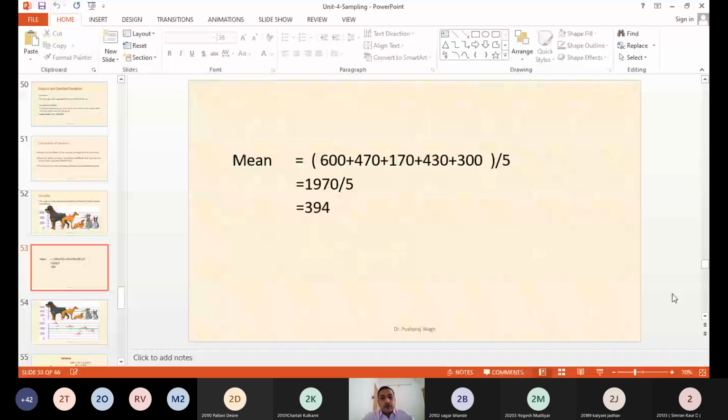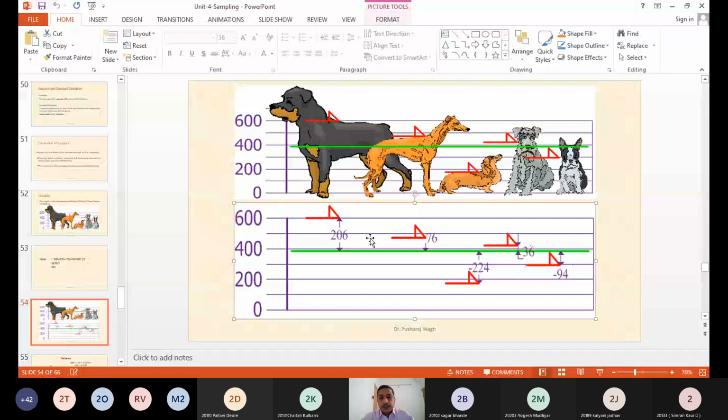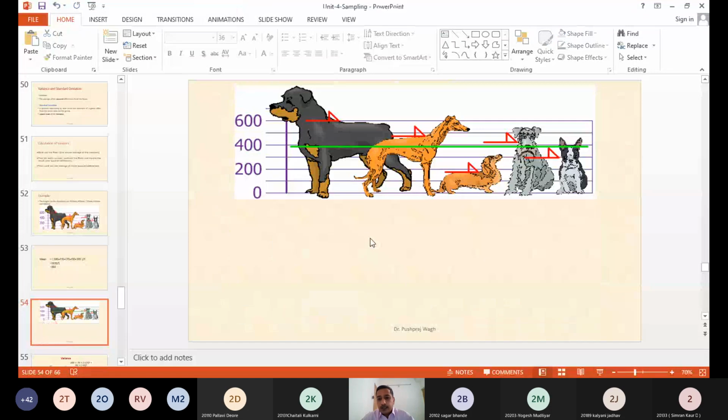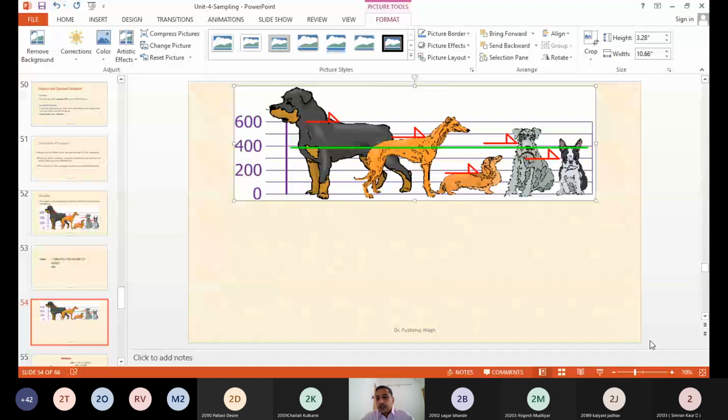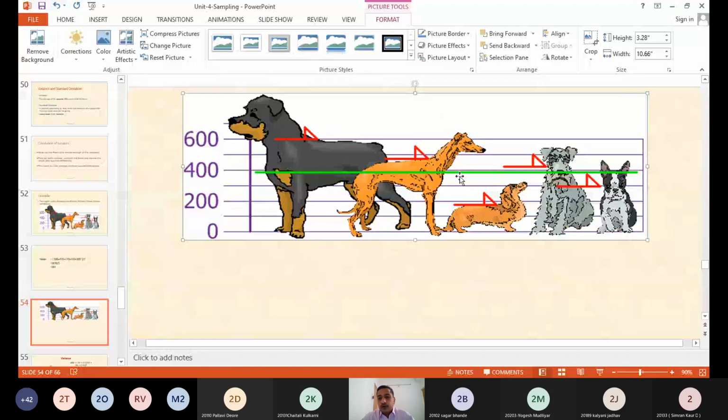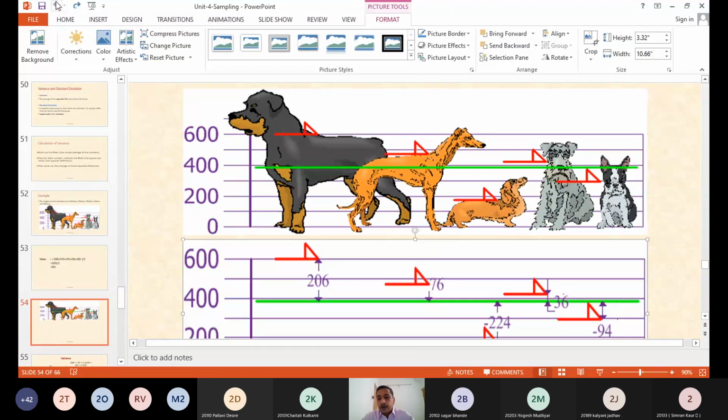If you see this diagram, we have marked the mean, 394, with a green line. That shows the mean value of this particular group. Now our second task is to calculate the difference of each number from the mean value.